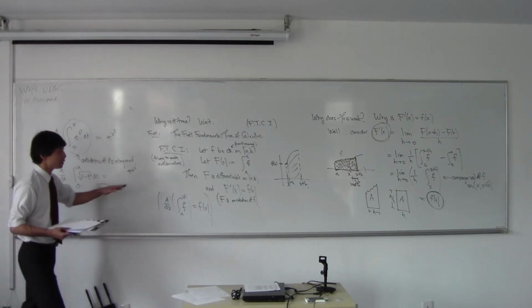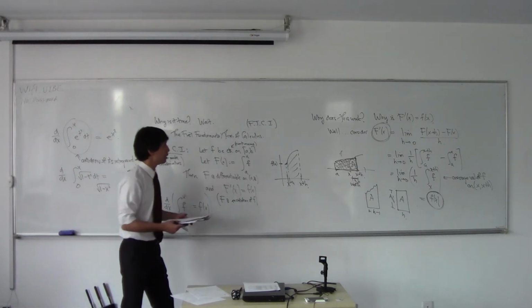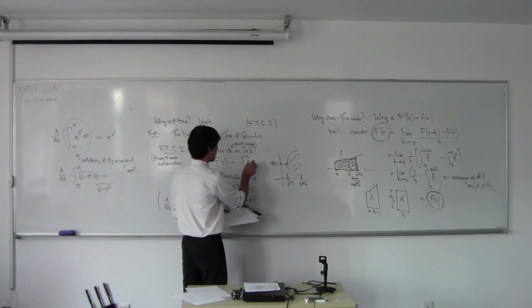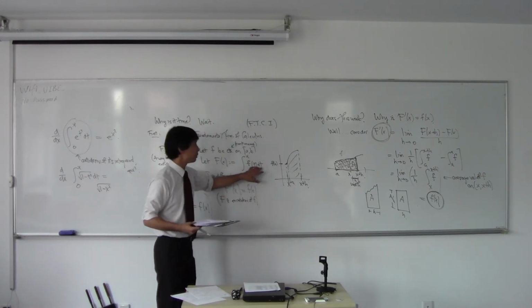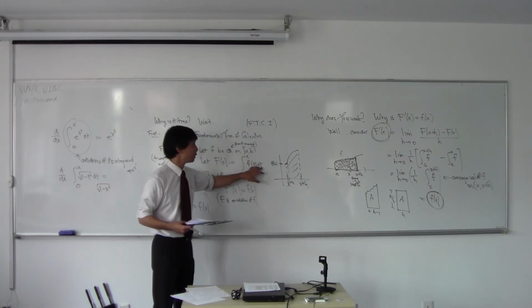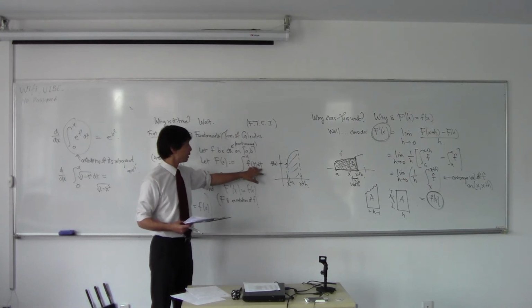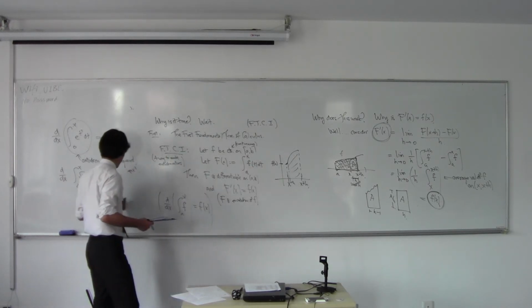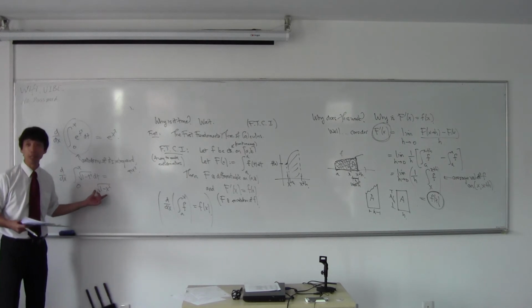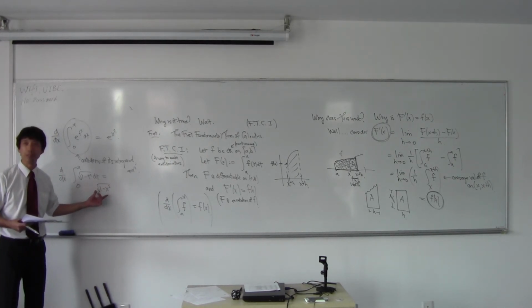That's what we just said. If you make this area function guy, and you can use whatever dummy variable you like, t or s or whatever, just don't use x because we're already using x as the boundary, then when you differentiate it, you come back to your original function.